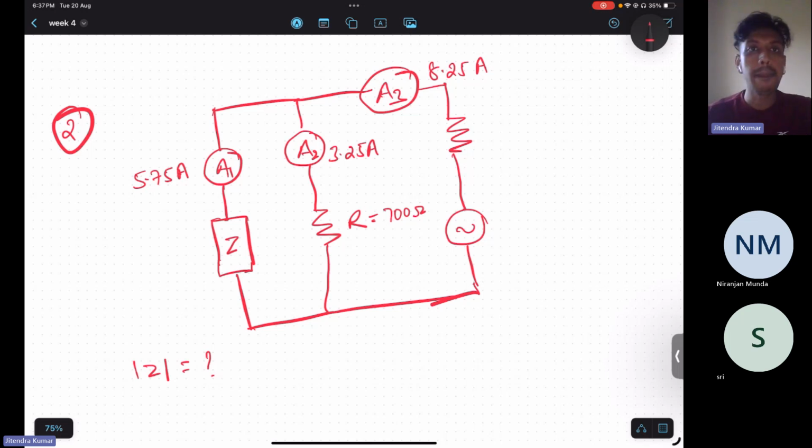Any idea? What will be the value of impedance, or how to calculate it?